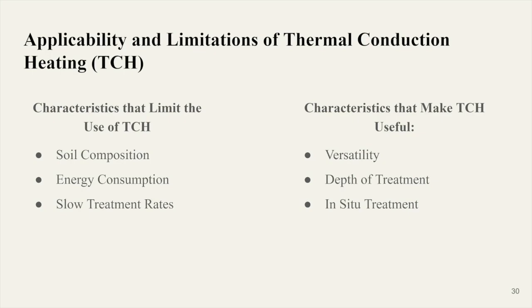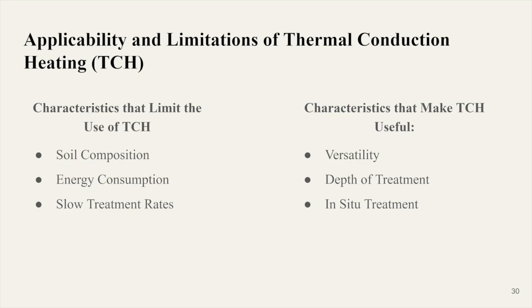Soil composition is one of the factors that affect the effectiveness of TCH. Soil materials with high conductivity, such as clay or rock, can inhibit the propagation of heat, potentially reducing treatment efficiency. Energy consumption, since TCH requires significant energy inputs to maintain elevated temperatures throughout the treatment process.